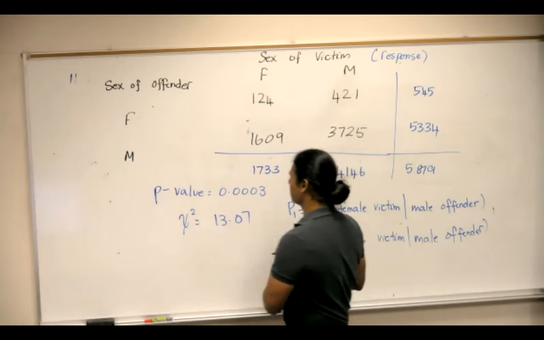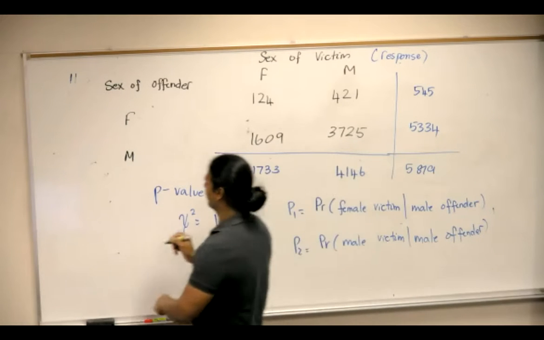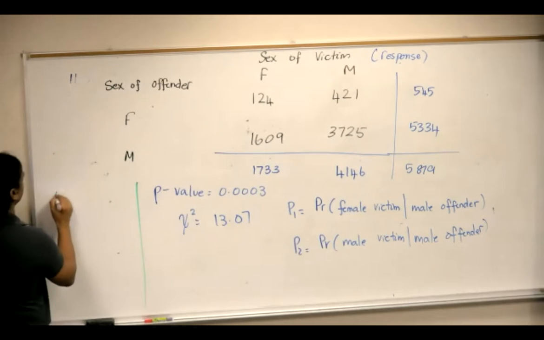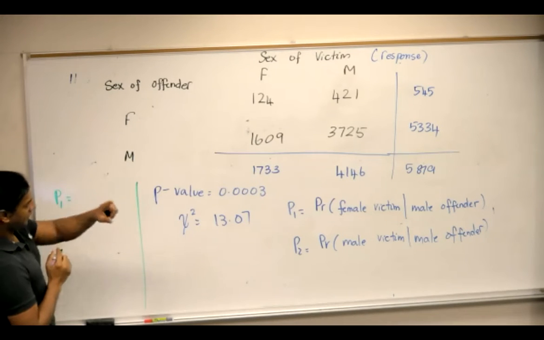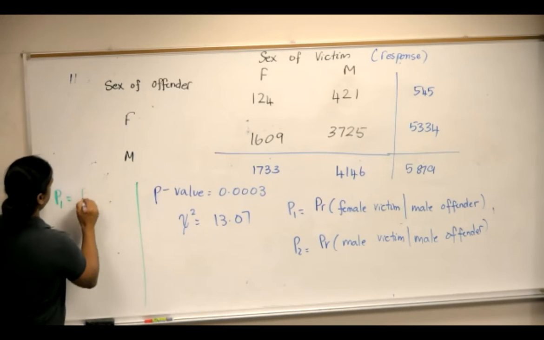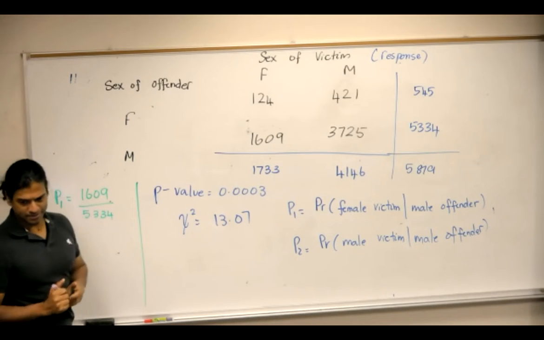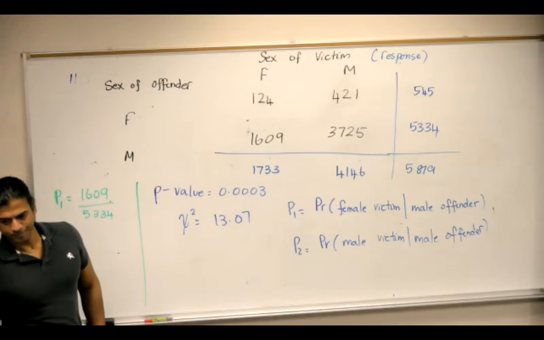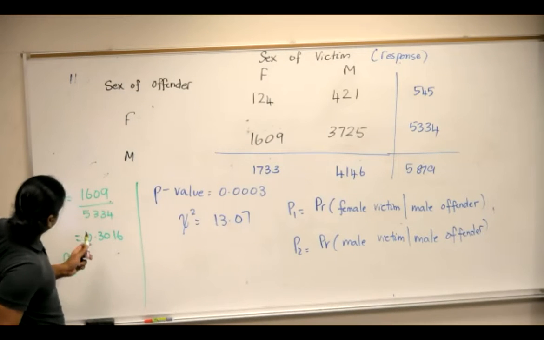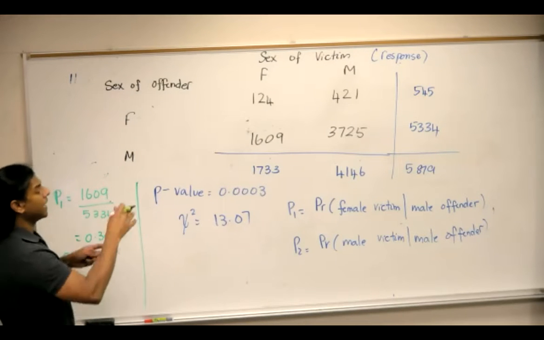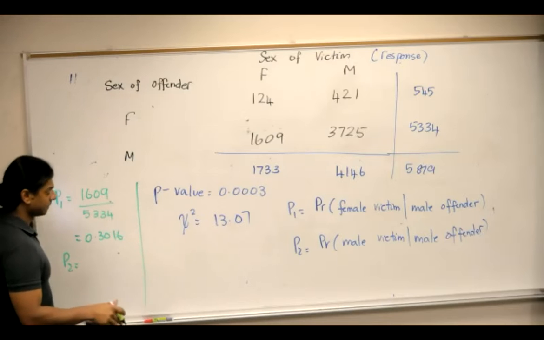So P1, right over here, is simply 1609 divided by 5334. What is that number? P1 is 0.3016. How do we find P2?